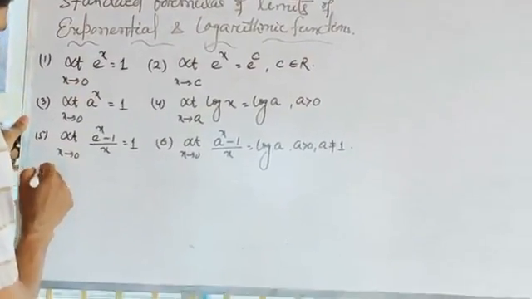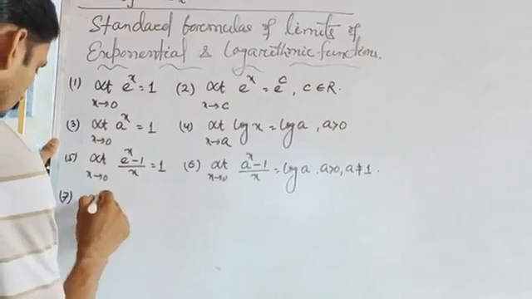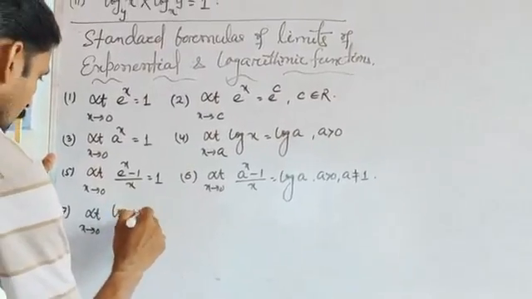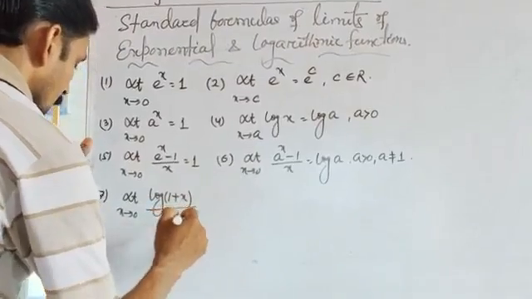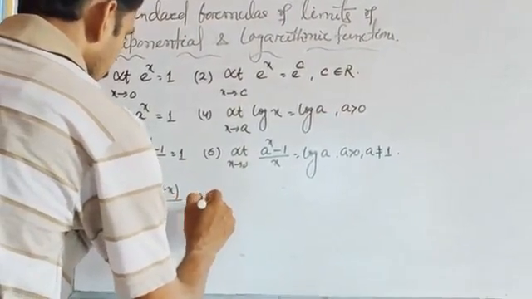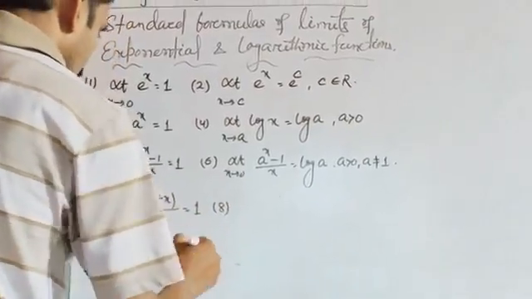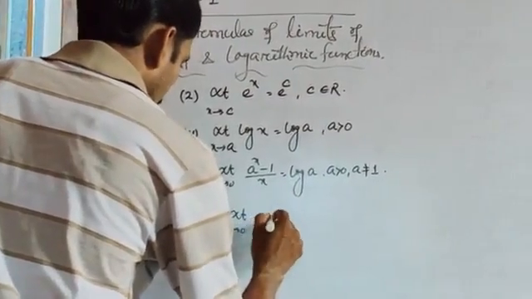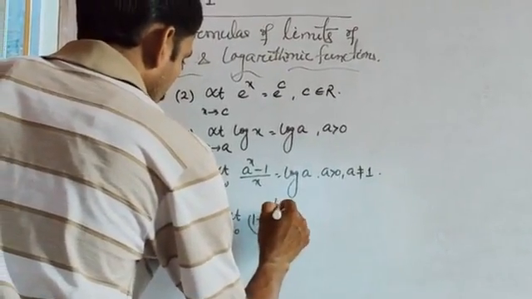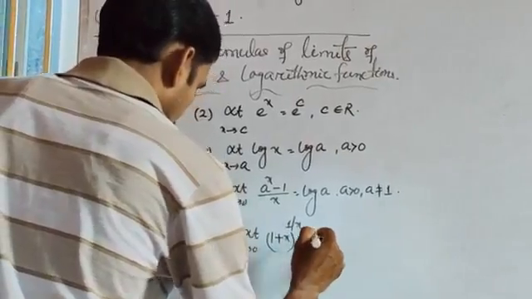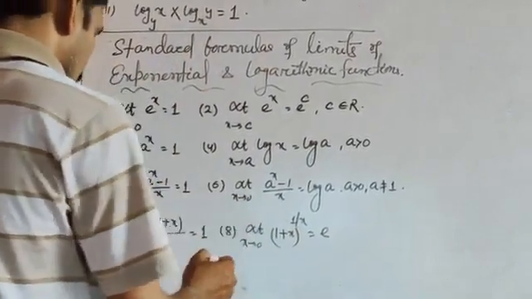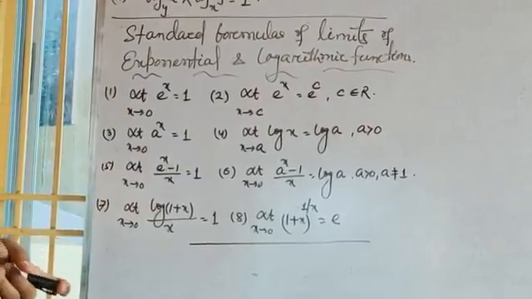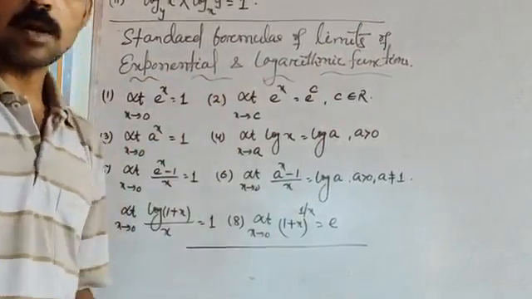Then limit as x tends to 0 of log of 1 plus x, whole divided by x, is equal to 1. And then limit as x tends to 0 of 1 plus x, whole to the power 1 by x, is equal to e. So these are 8 formulas of limits based on exponential and logarithmic functions.